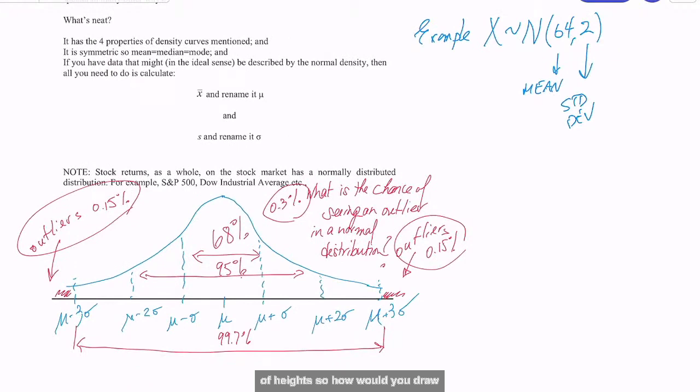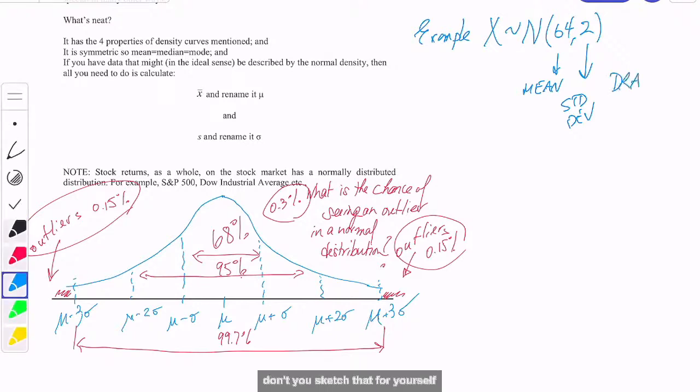And the way I've written it, these are the parameters of the population of heights. So how would you draw the normal distribution for that? Why don't you sketch that for yourself?